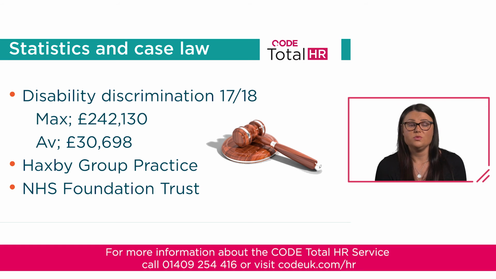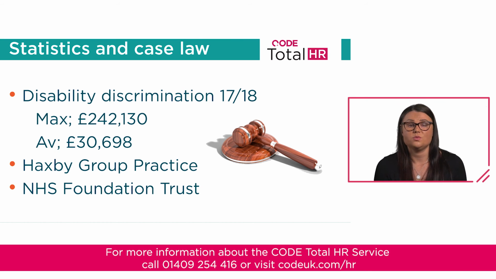It's important to know that there isn't a cap on disability discrimination compensation. There is no cap there. So unlike unfair dismissal, where you've got that higher end limit, for discrimination claims, it's completely uncapped. So yes, the maximum award was just over £240,000.